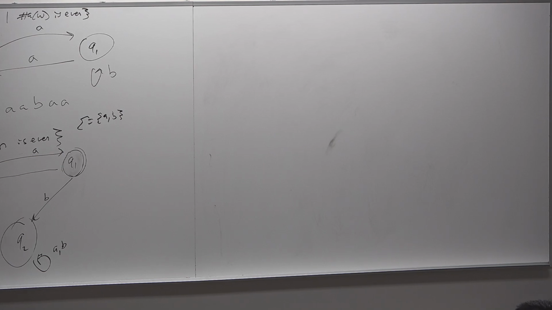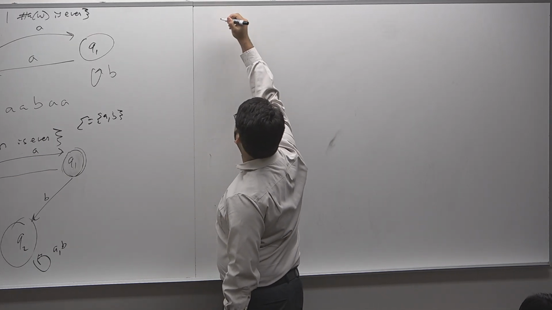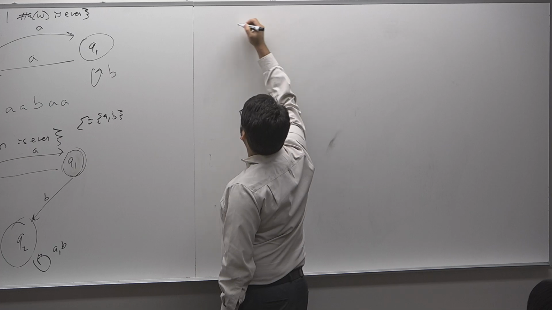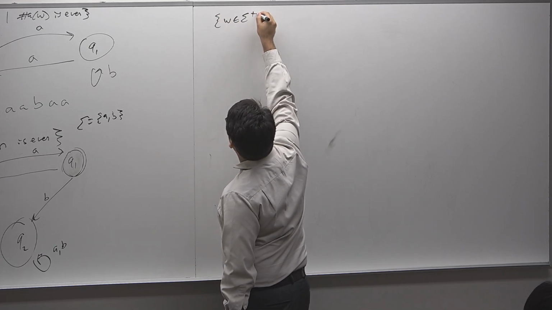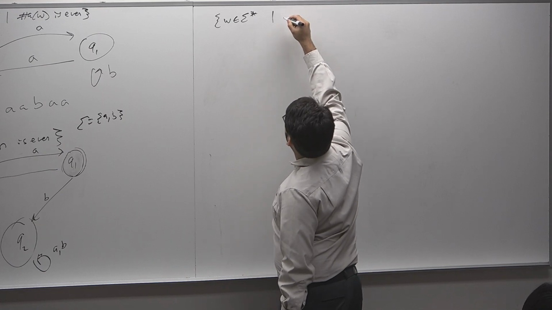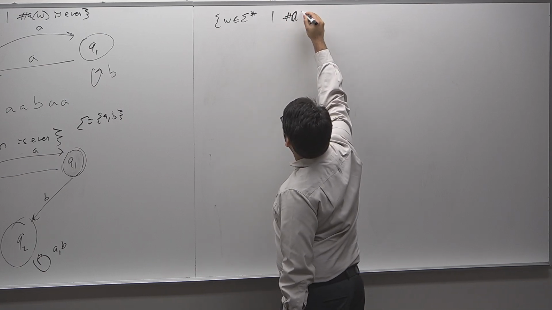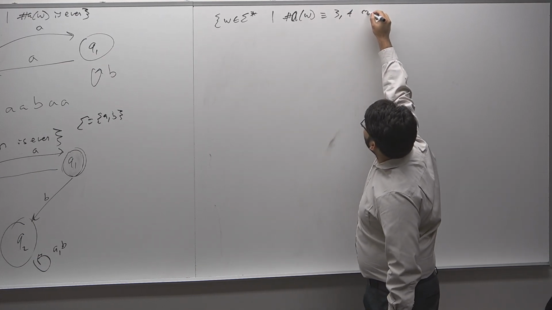Okay, let's do one more example. What about W is in sigma star, such that the number of A's in W is congruent to 3 or 4, let's say mod 7.